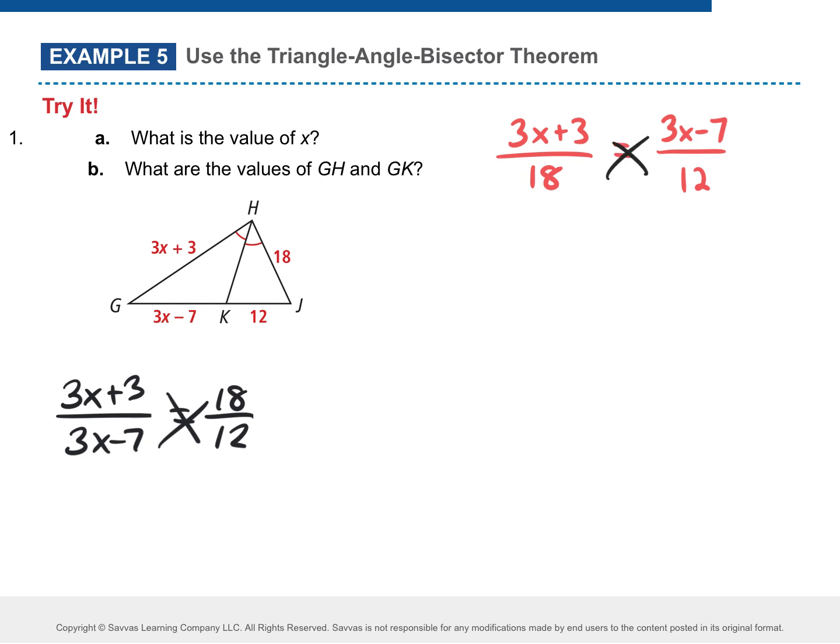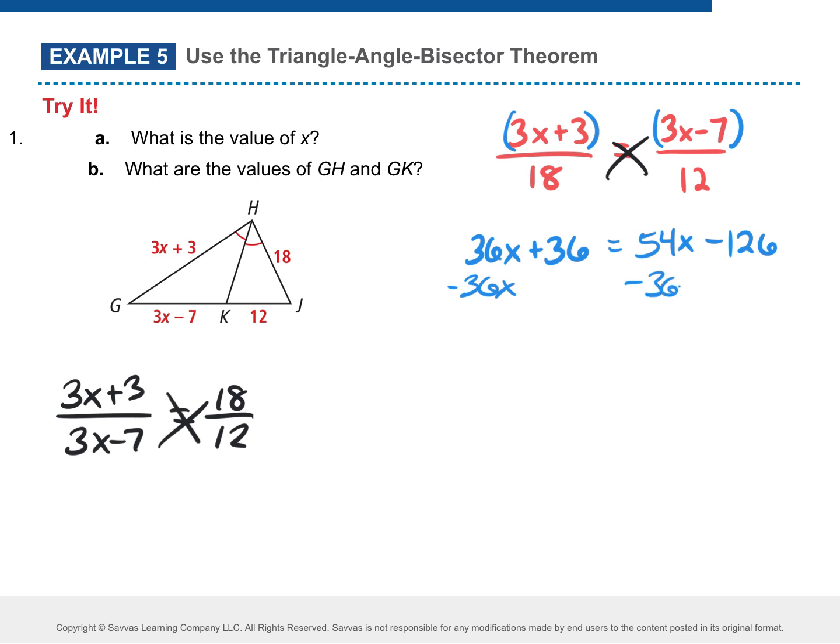Okay. Let's walk through how to solve for x here. What are we going to have to do on both of these? Distribute. So 12 times 3 is 36. 18 times 3 is 54. What's 18 times negative 7? Negative 126. What can I do to solve this? I subtract 36x.